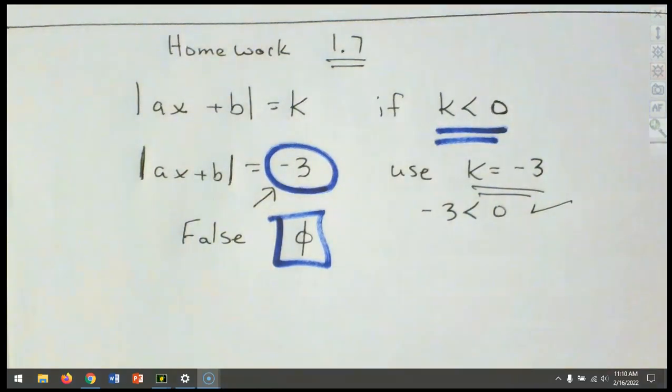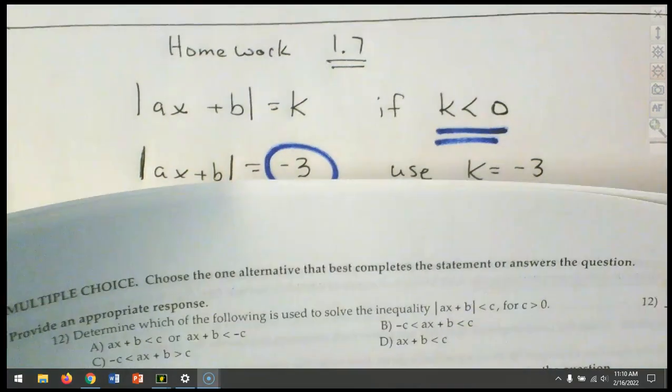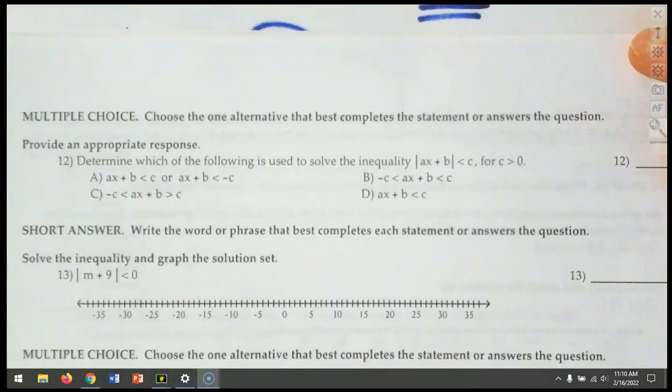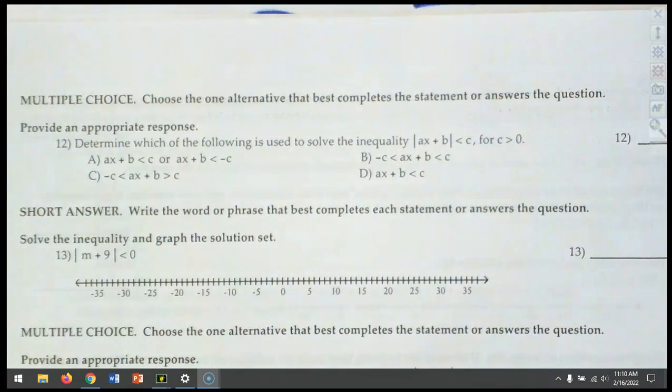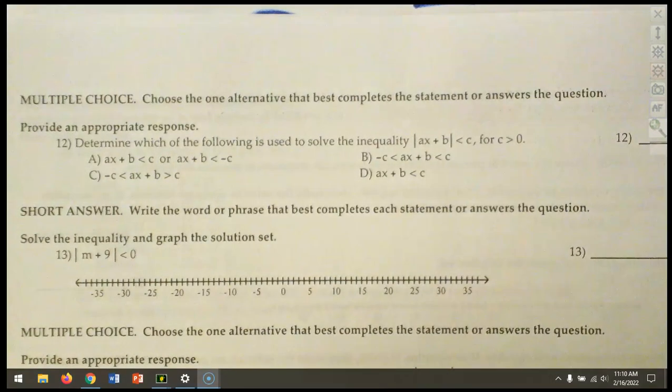I'm going to help you do question 12. You're going to have to do question 14 on your own, but they're very, very similar. What we look at here, you can either use how we've done these before, or you can use this table on page 126.